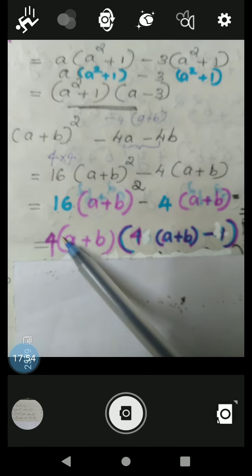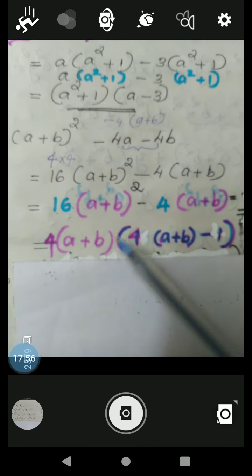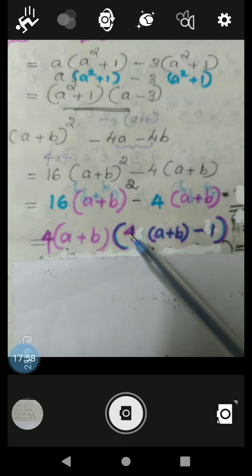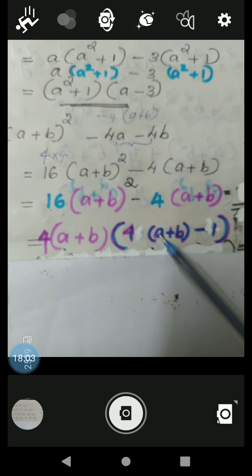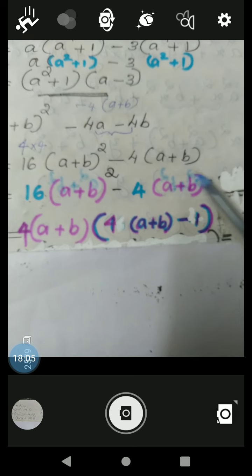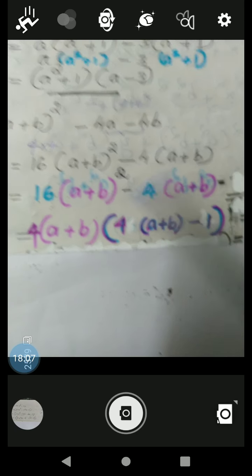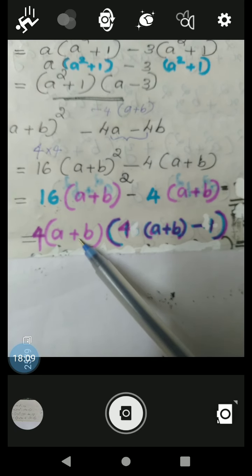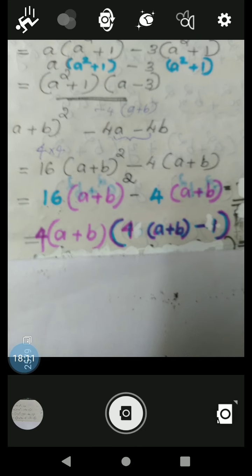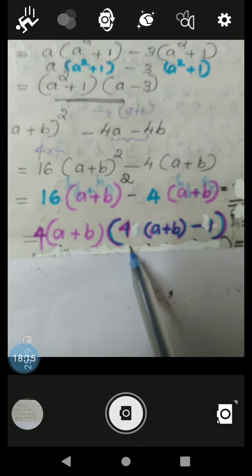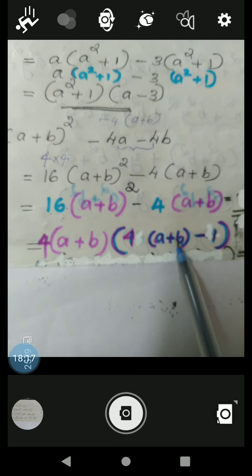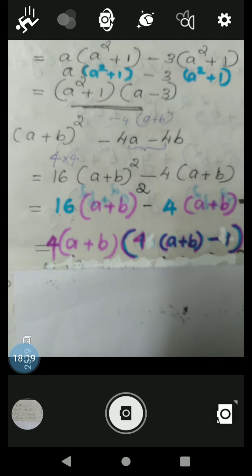So 4 into A plus B, then inside the remaining part is 4 into A plus B minus 1. We are taking 4 into A plus B outside. So the result is 4 into A plus B into 4A plus 4B minus 1.